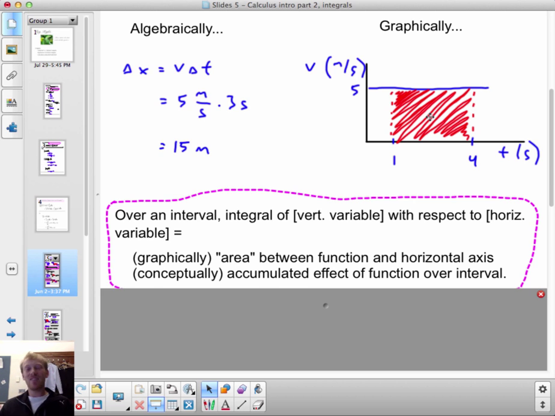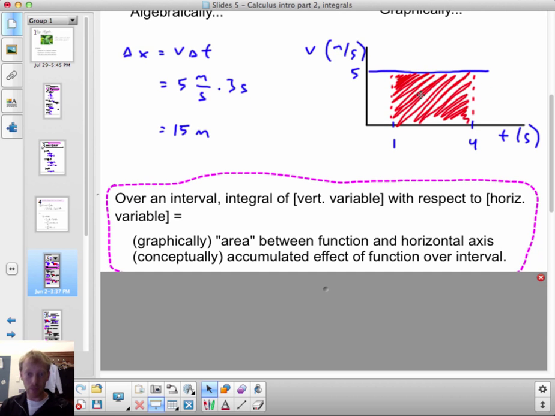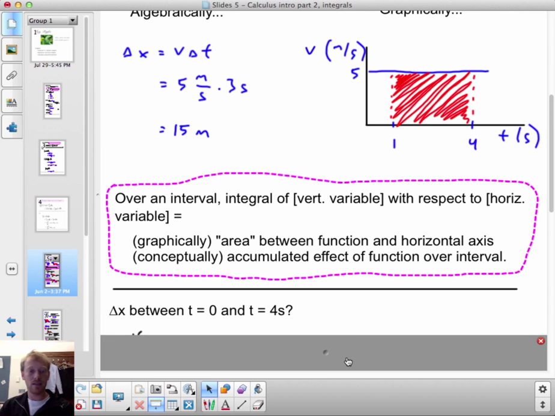That is to say, if you think of displacement, a change in position, being the effect of having a velocity, then the accumulated effect of having that velocity between t equals 1 and t equals 4 seconds is a displacement of 15 meters. The accumulated effect of this property on the vertical axis is the area between this function and the horizontal axis.